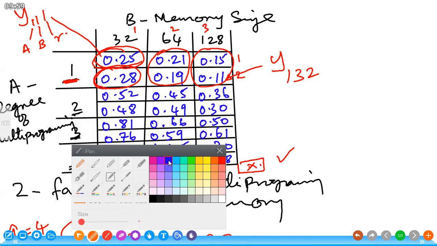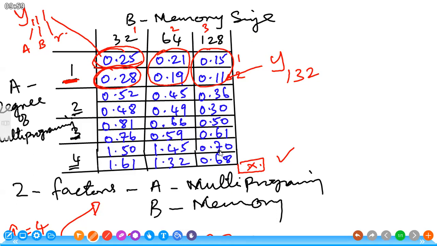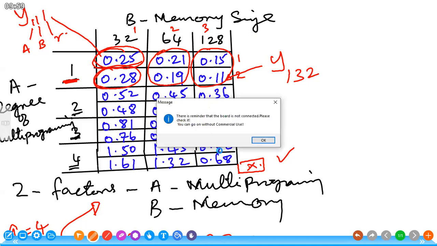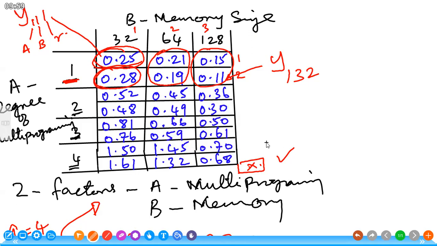Under that category, how many observations are there? 6. You'll have to add all these observations across all of this.